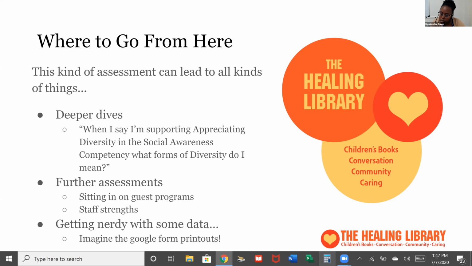And then getting nerdy with some data is somewhere else you might see this going. Google Form printouts, creating spreadsheets. But as you were doing this, you can imagine this is just one program. If you were to assess multiple programs, I actually tried creating a spreadsheet to share with you today, and it was so beefy and horrendous to look at. I was like, this will help nobody. Unless I'm hired as a consultant to create one of these for you, there's no point.